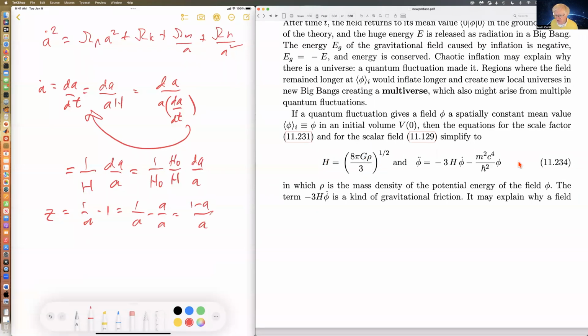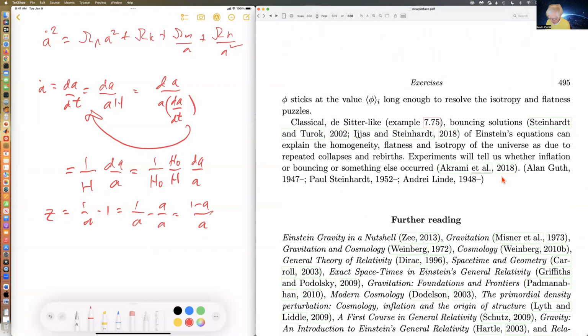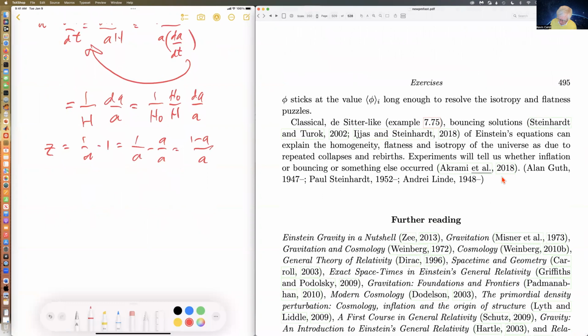That gives us the rate of expansion, and this rho here is whatever the potential energy happened to be. So in other words, rho might equal 5 to the 4th or something like that, and with a coupling constant G that might be big anyway.